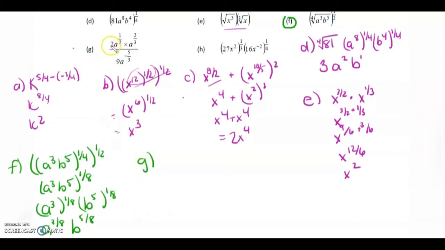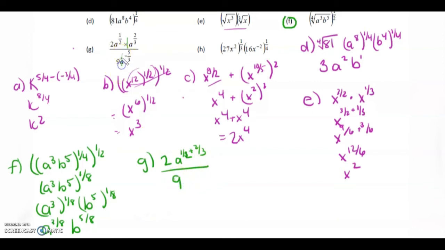Okay, for G, we're going to multiply 2 by just 1, so that's just 2. a to the 1/2 times a to the 2/3. We're going to add those exponents. Half. And then we have 9 to the a. Sorry, we're going to put the 9 here.